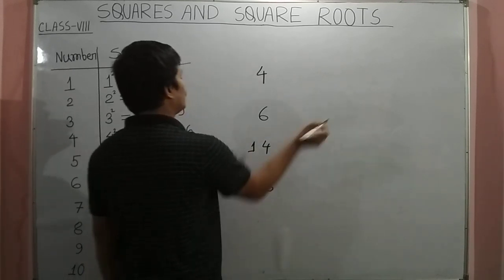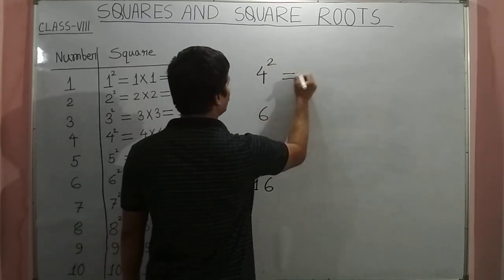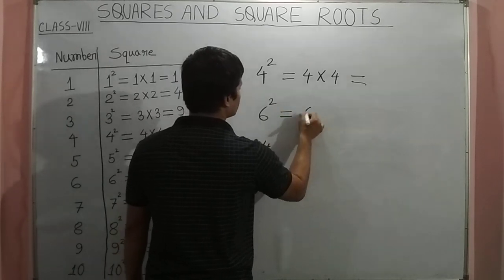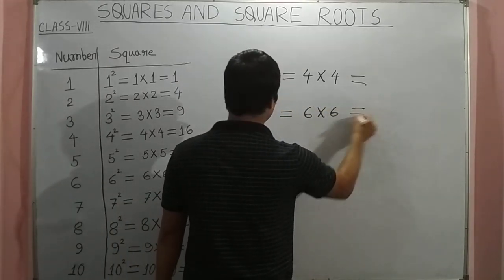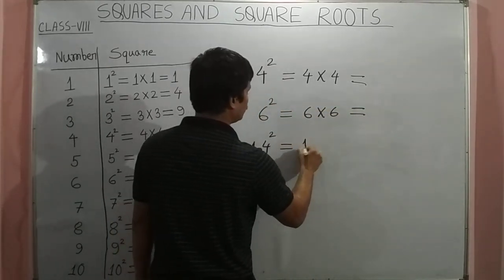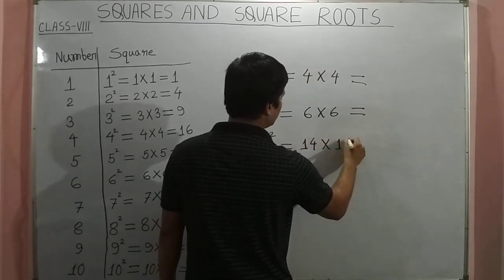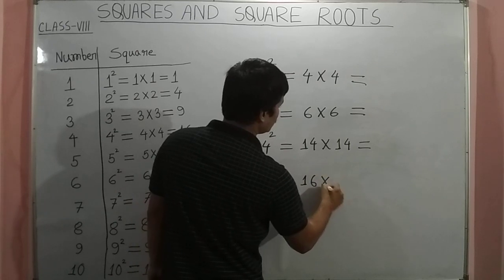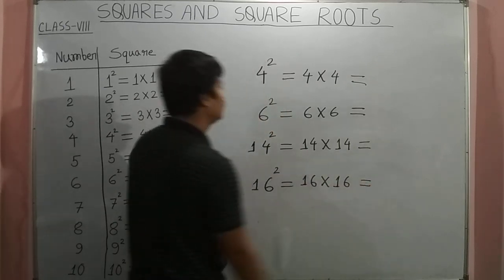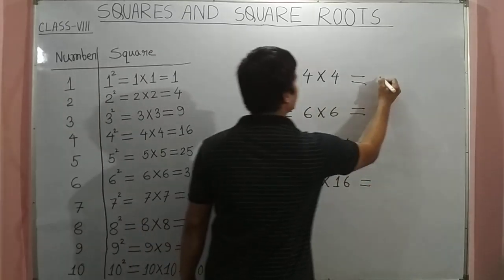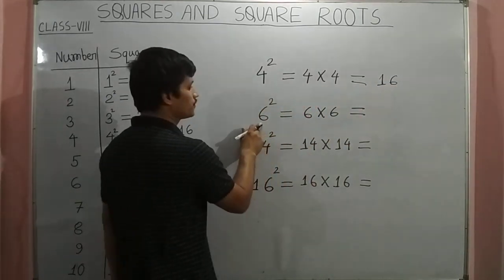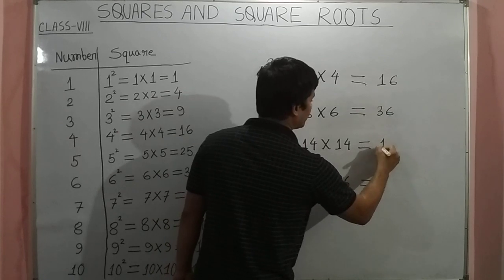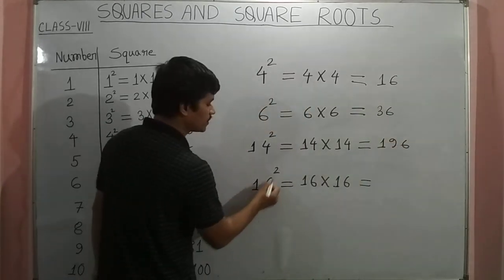Now the square of these numbers: 4 into 4, 6 into 6, 14 into 14, 16 into 16. Square of 4 is 16, square of 6 is 36, square of 14 is 196, square of 16 is 256.